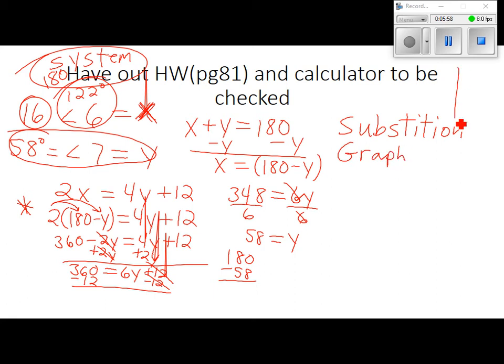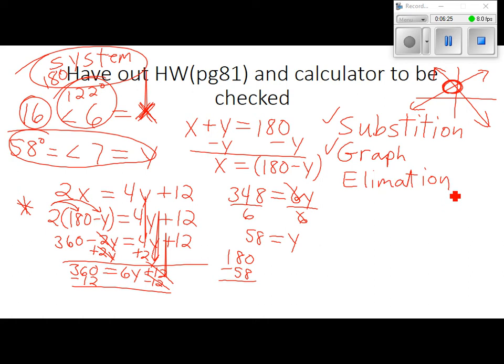No. But yeah, you do that too. So if we had two lines that look like this, and we're trying to solve, what are we trying to find? Where they intersect. So graphing was another way. Most of you probably didn't like this way a whole lot. The one that you probably did like was the elimination method.